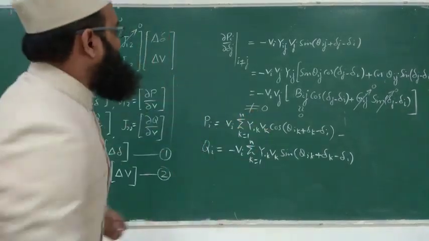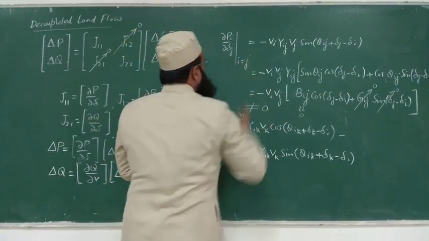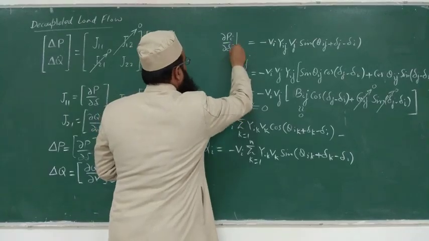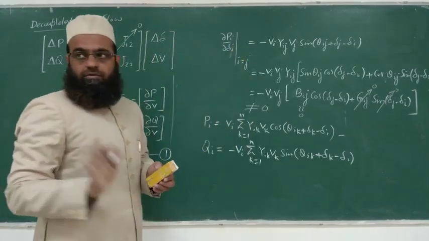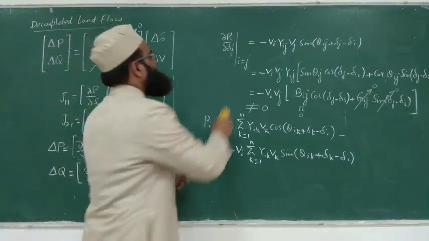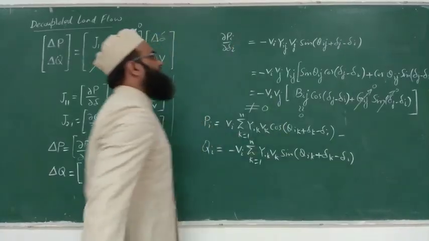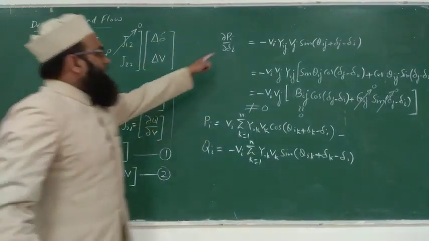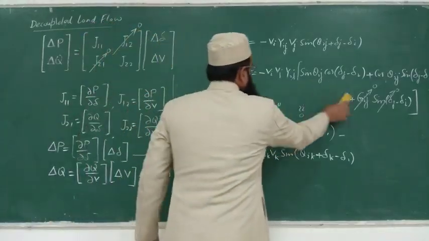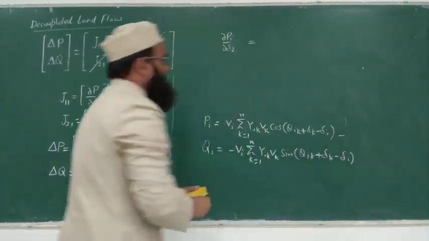So take another case, that will be i equal to j. It means this is nothing but ∂/∂δ_i, is it not? When i equals j, we may replace j with i. So this will be ∂P_i/∂δ_i. Fine. What is P_i? P_i is this. This time the variable is δ_i.